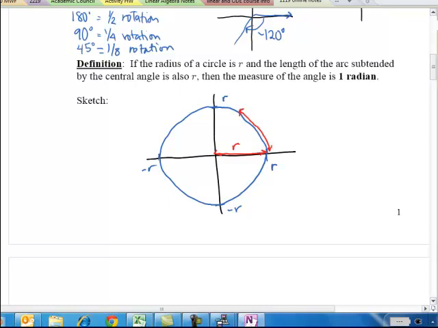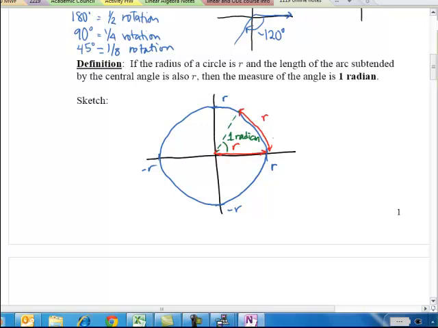Without a piece of string or something, it's hard to do that. But if this distance is also r, then this angle here is 1 radian. So wherever we put that radius around the edge, the angle that's formed by connecting each end of that arc length to the center, that interior angle would be called 1 radian. So that's the definition of a radian.